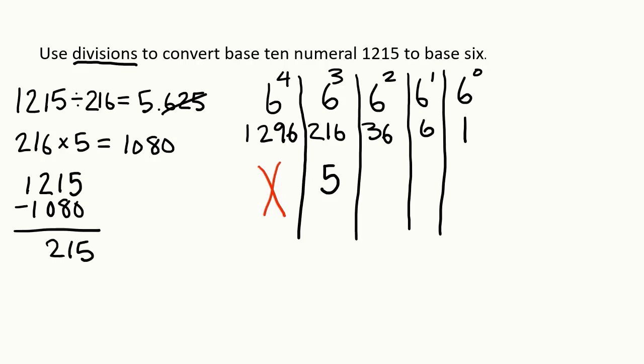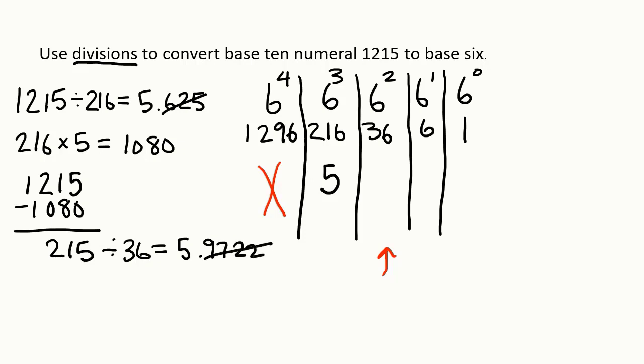Now, using our very next column, which is the 36 column, we want to know how many 36s are in 215. So again, we're going to divide 215 divided by 36. This is equal to 5.972.